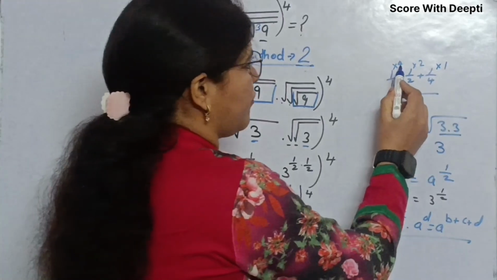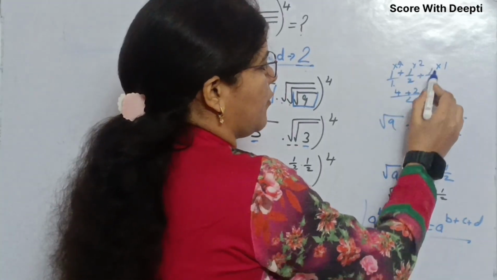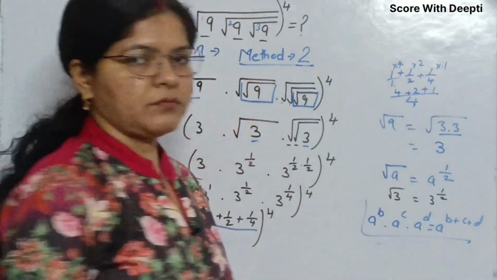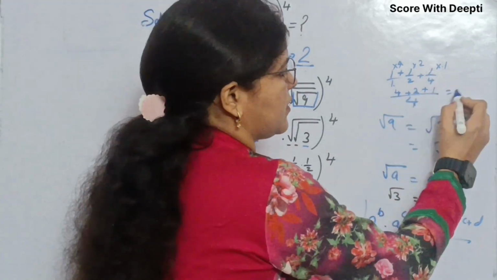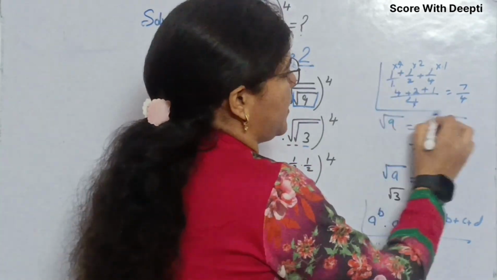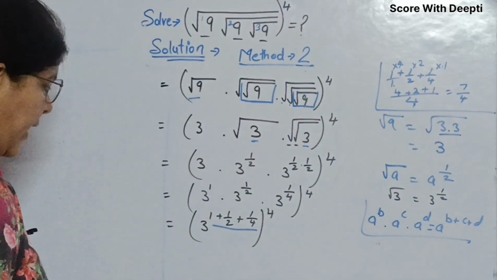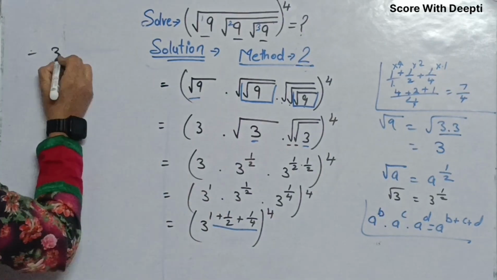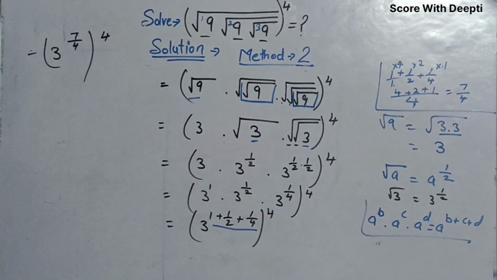Next multiply 4 with 1, we get 4; 2 with 1 we get 2; 1 with 1 we get 1. Next we solve this and get 4 plus 2 is 6, 6 plus 1 is 7 by 4. Means in place of this we will write 7 by 4, and here we will write 3 to the power 7 by 4, to the whole power 4.